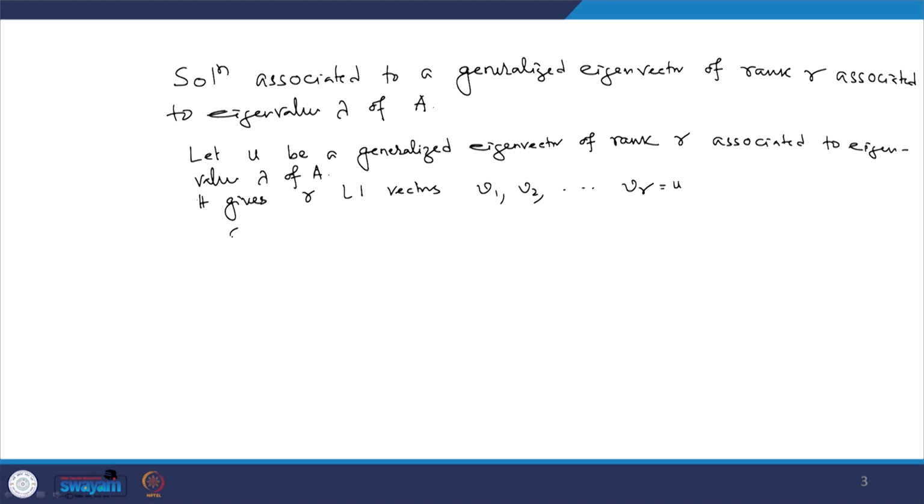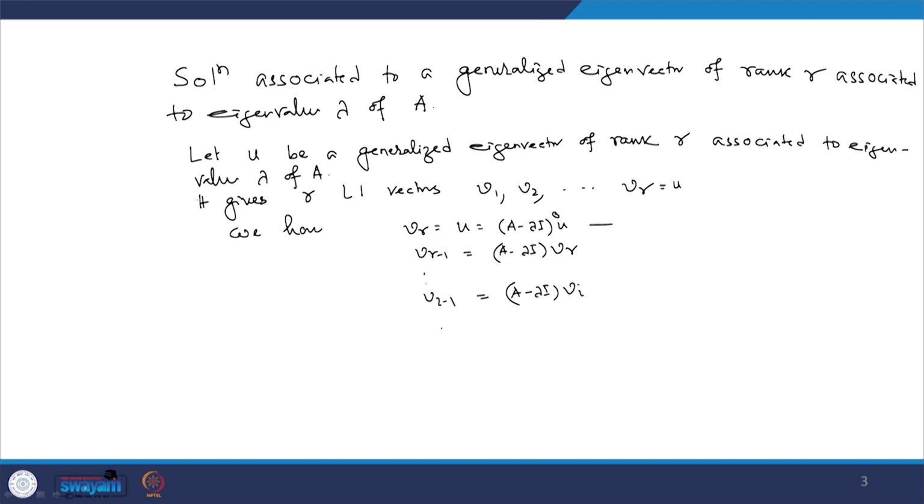We know Vr is equal to U, which is (A minus lambda I) power 0 operating on U, and Vr minus 1 is equal to (A minus lambda I) Vr, and in general we have written that Vi minus 1 is equal to (A minus lambda I) Vi.